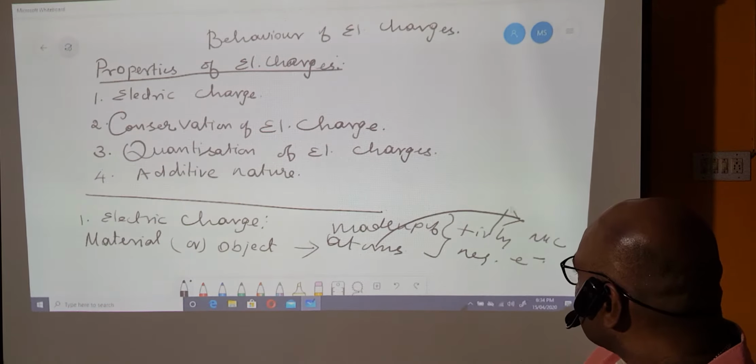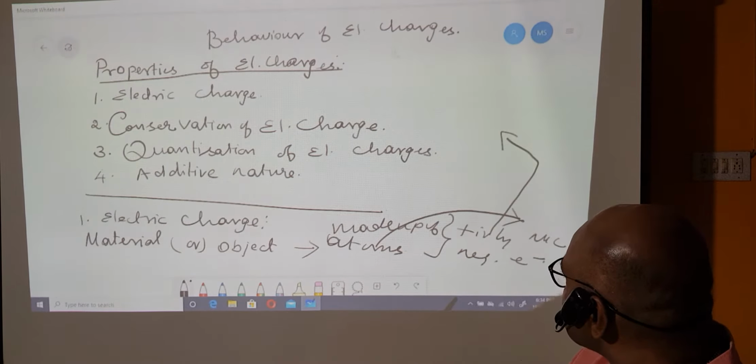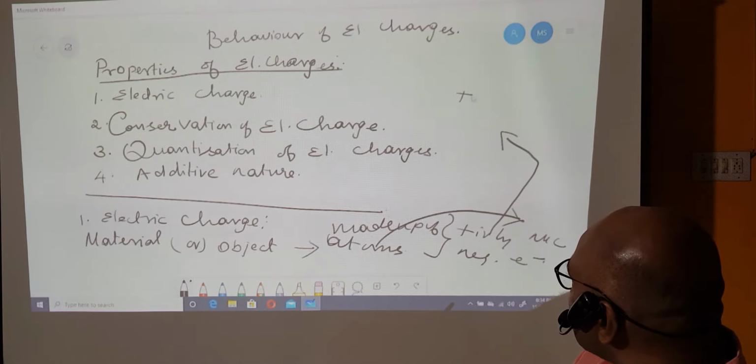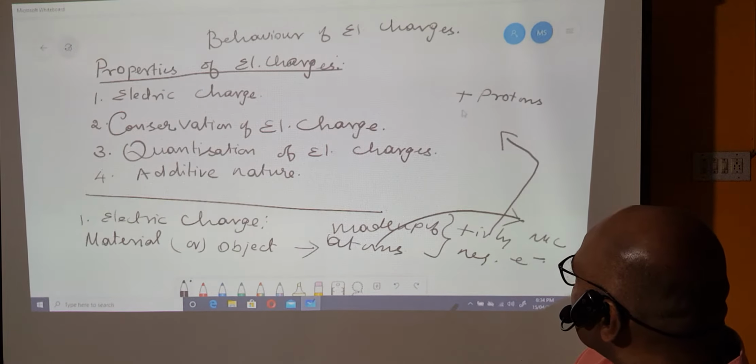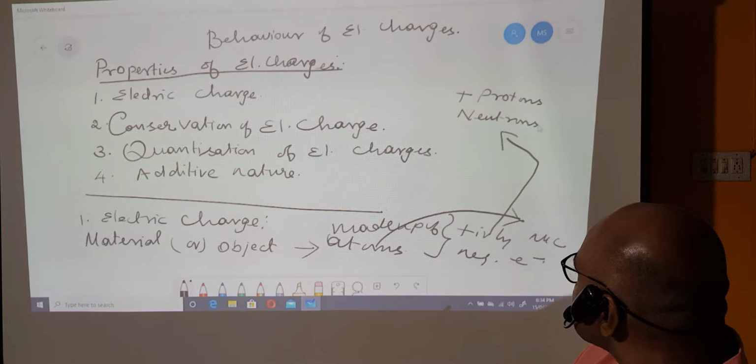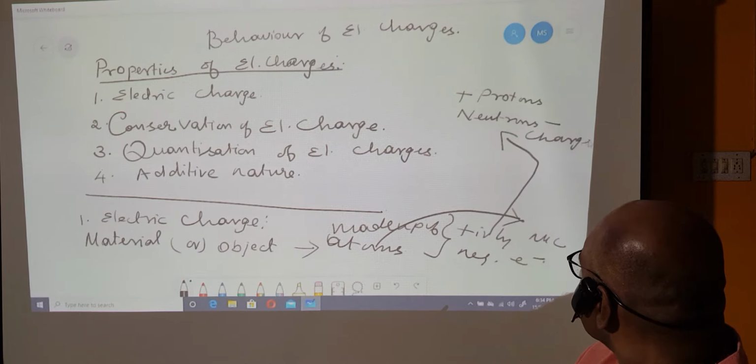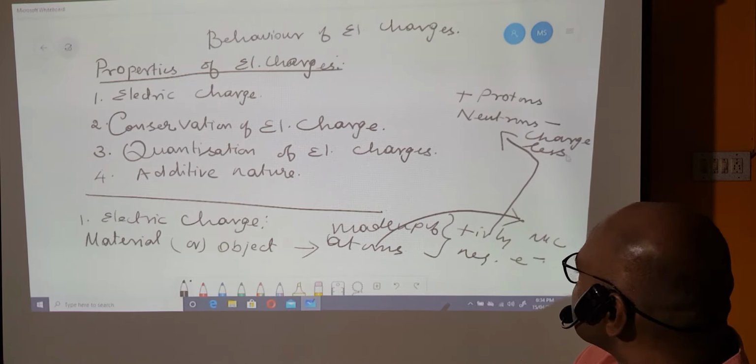The positively charged nucleus consists of positively charged protons and chargeless neutrons. The neutrons are considered to be chargeless.